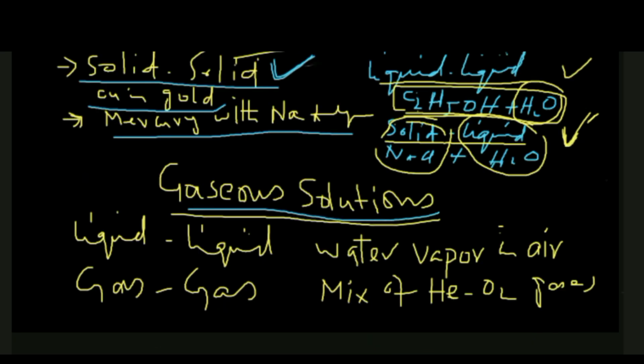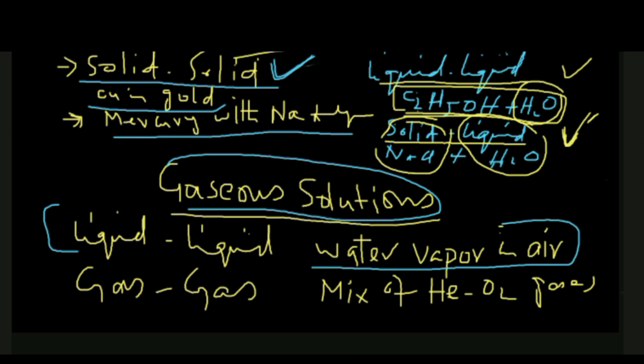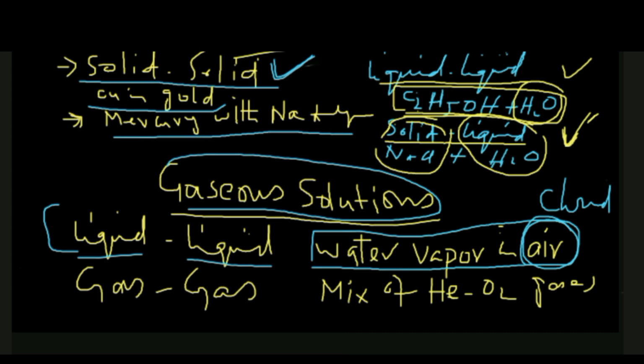An example of gaseous solutions in the form of liquid is water vapors mixed in air, or you can say a cloud. Here the air is not in gas form, but this is a cloud in the form of liquid. So water vapors are a liquid, and air is also in liquid form as a cloud.